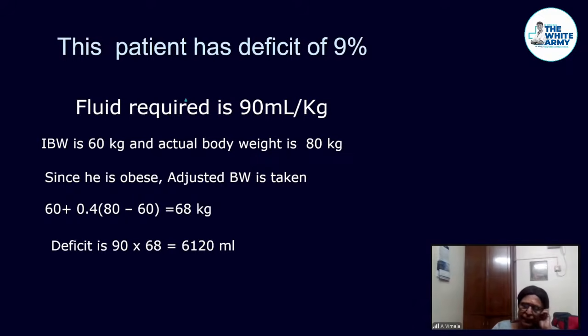We said earlier, when we prescribe fluid, it should not be based on the actual body weight. It should be based on the ideal body weight in lean persons, or in the obese, on the adjusted body weight. So this man would require 90 into 68, which gives around 6,120 ml, that is 6.12 liters, for his deficit correction alone.